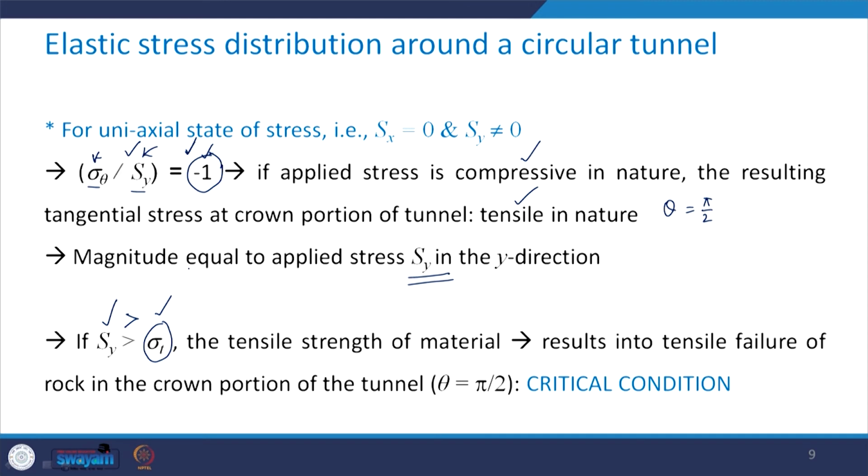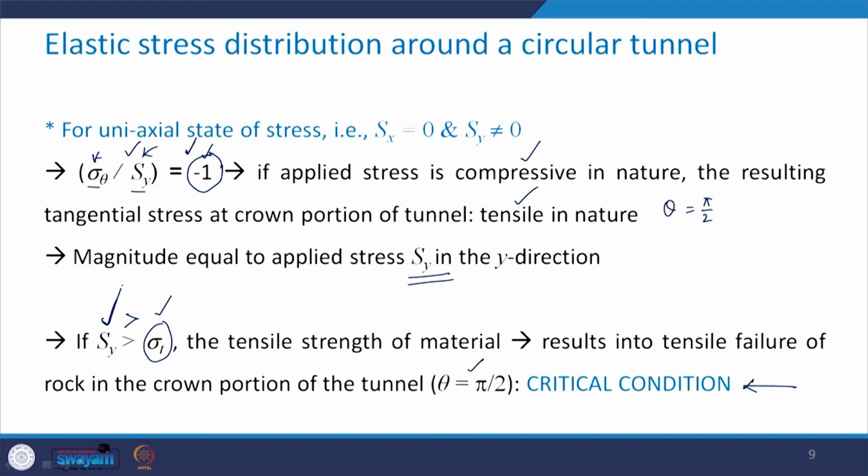So, this would result in the tensile failure of rock in the crown portion of the tunnel, which is theta equal to pi by 2, and this is one of the most critical conditions as far as the analysis of tunnels is concerned. So, one needs to be very careful about the stresses at the crown portion of the tunnel.